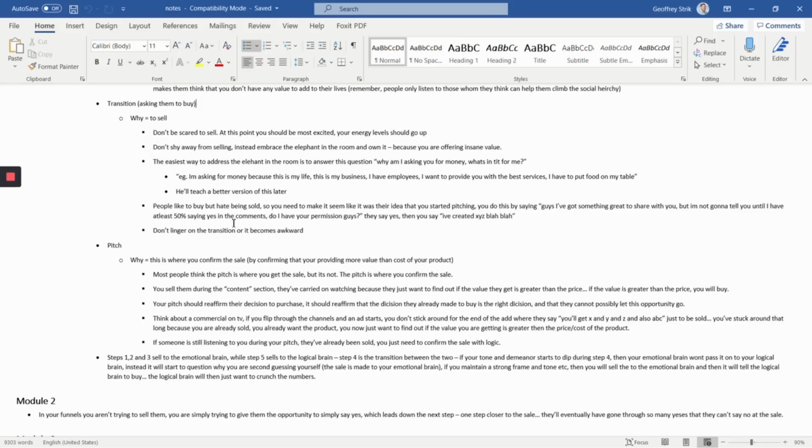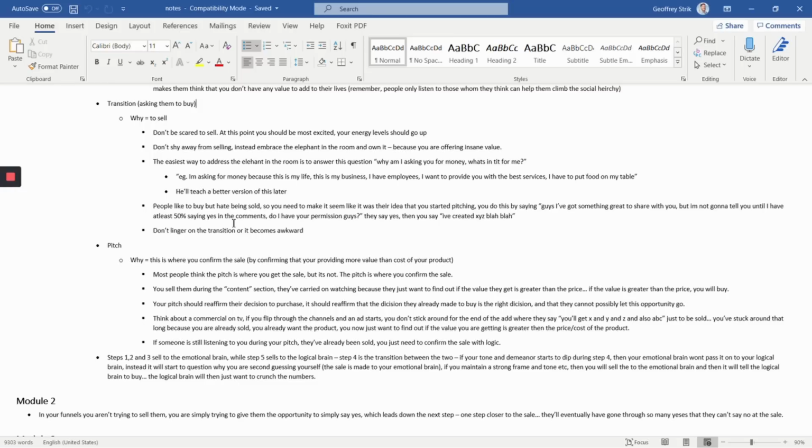The solution, your product or service, is the bridge which will take them from the world which has their problem to the world that doesn't. You've very easily transitioned to your pitch while making it seem like it was their idea for you to start pitching in the first place.